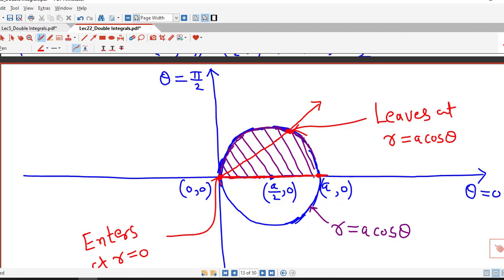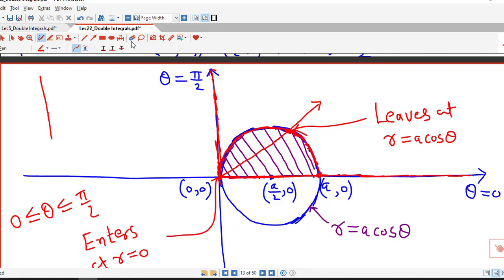So lower limit for theta is theta equal to 0, and our region is starting from theta equal to 0 and it is coming up to this point. At this point value of theta is pi by 2. So largest value of theta is pi by 2. So theta is from 0 to pi by 2.